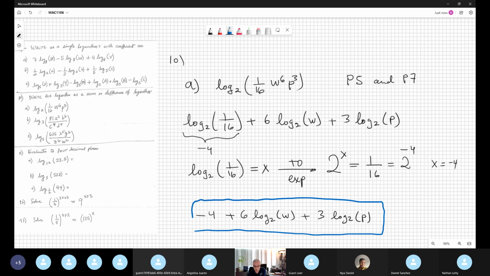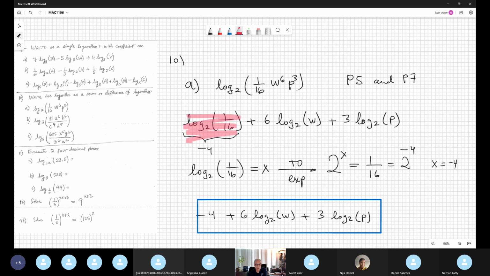Everyone follow me? Everyone understand very well? Another possibility to compute this is using the calculator, using the famous formula, the change of base. So you suppose that you're using ln of 1/16 divided by ln 2.